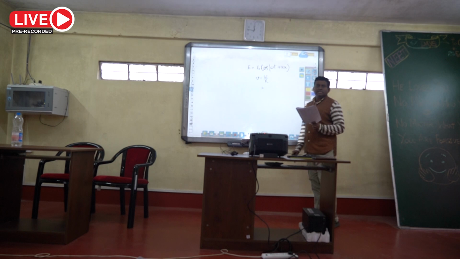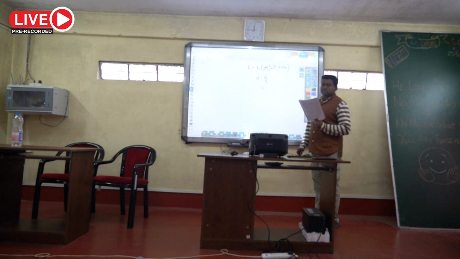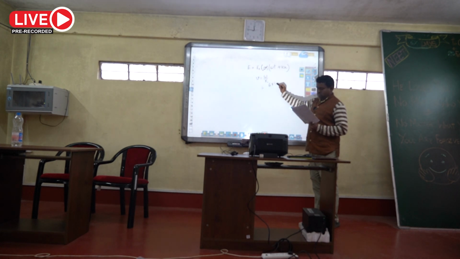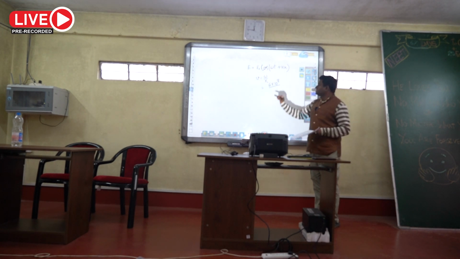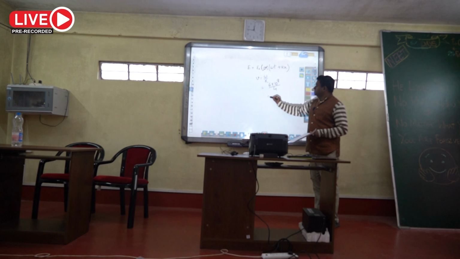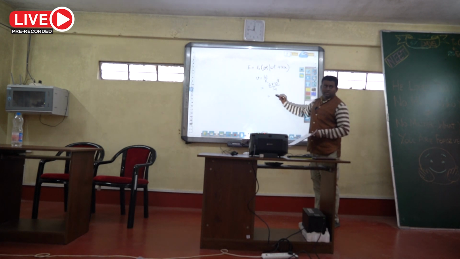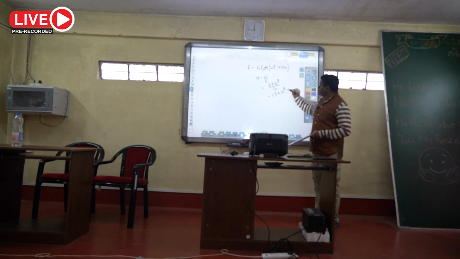So coefficient of t is omega, that is given 6 into 10 to the power 8, and coefficient of x is k, so that is 4. So it is coming 1.5 into 10 to the power 8 meter per second.